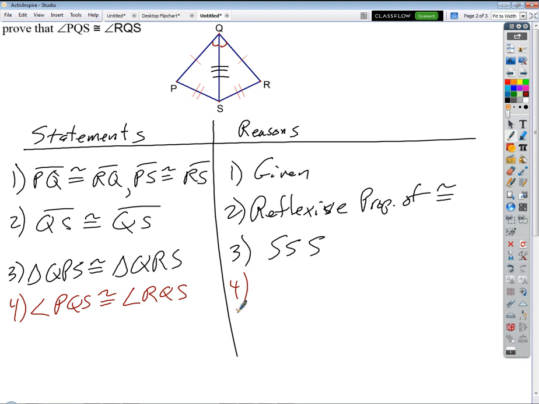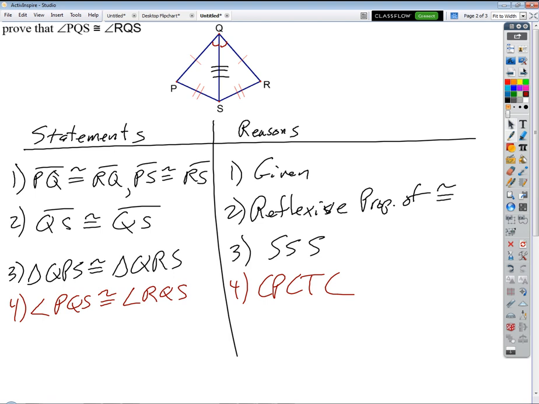CPCTC. That's it. Corresponding parts of congruent triangles are congruent. I know that's kind of a mouthful, but we're going to use that one a ton. CPCTC. Corresponding parts of congruent triangles are congruent. That's it. Okay. So, questions?